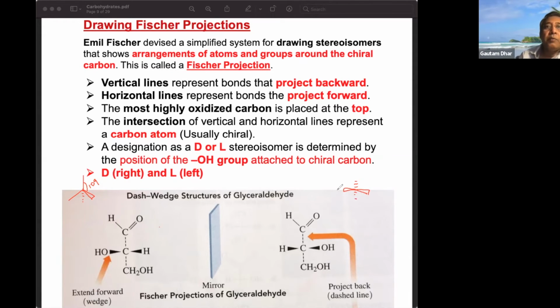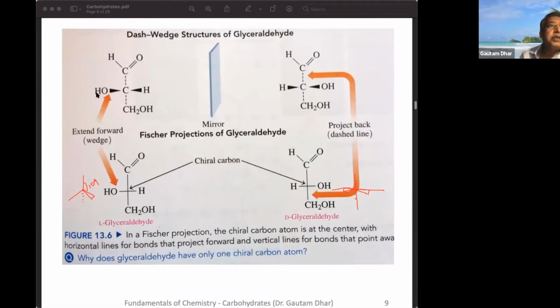Now, if you join these lines, this is called the Fischer projection. You are joining the horizontal and vertical lines, and the center represents a chiral carbon. This is a simple way of representing a chiral carbon.